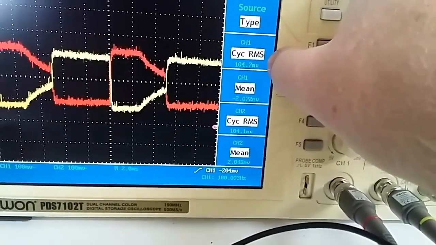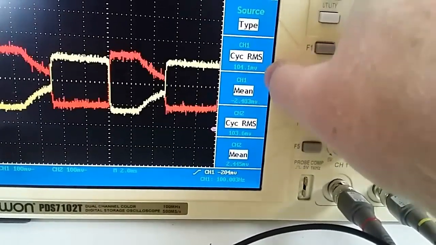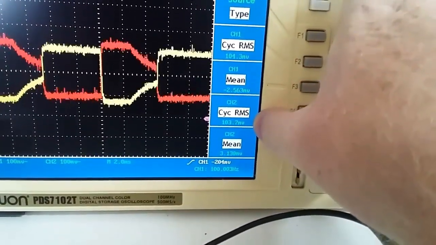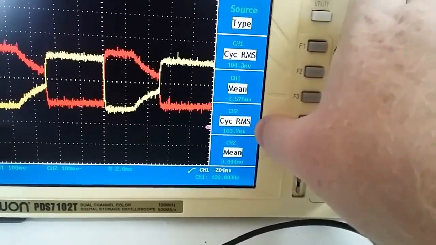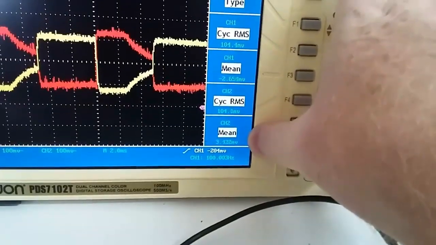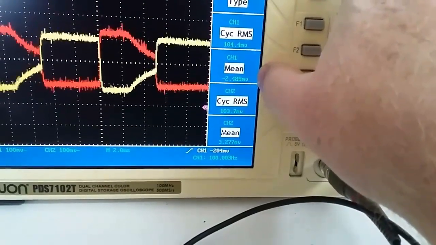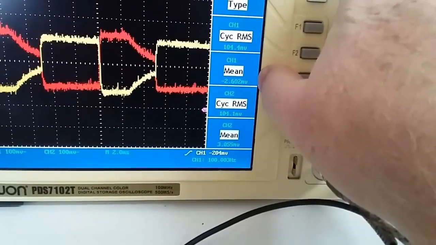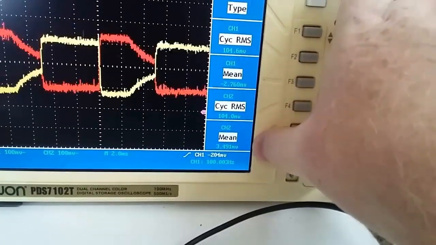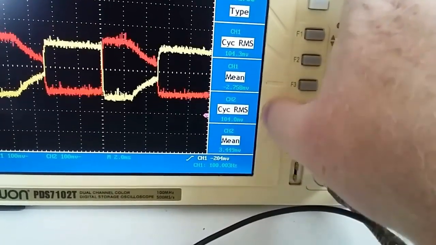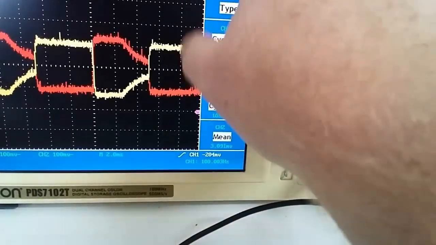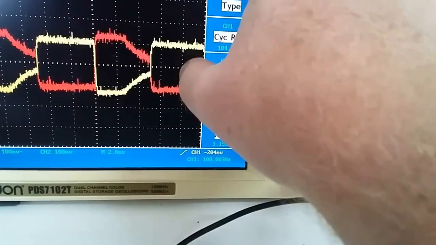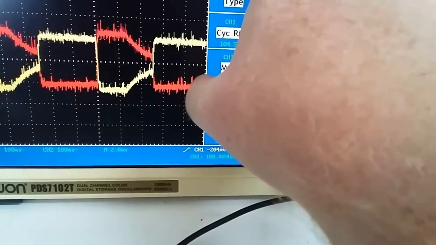We're looking at 104.7 milliamperes, 103 down here, so there is a little bit of a difference at the moment. Mean values are very different. Mean values are almost positive and negative different, which is an interesting result because we've been through mean and the average time above the zero line and the average time below the zero line.